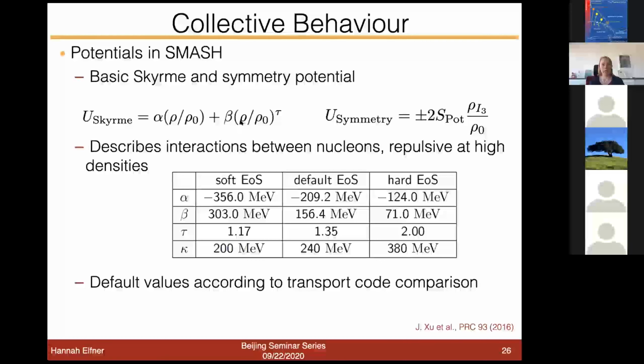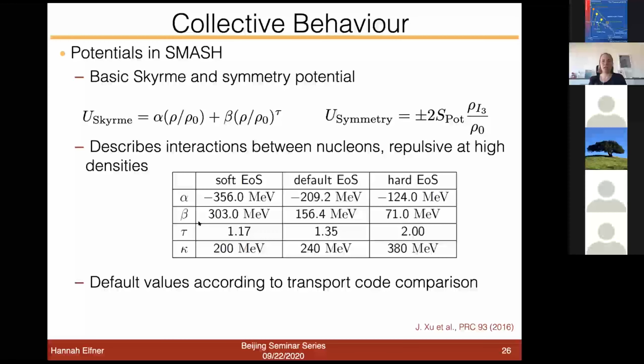And depending on the value of these parameters, one can include an interaction that basically corresponds to a so-called soft or hard equation of state. I just give these values here because some people call hard and soft some different things. So I'm going to call it like this in this presentation. And there's, of course, also some symmetry potential to encode the isospin difference between neutrons and protons.